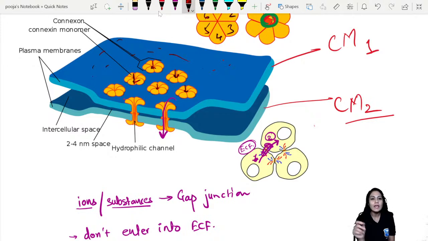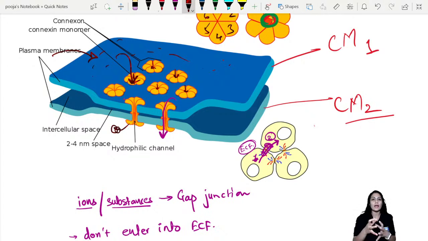Suppose, because of the action potential, the sodium channel opened in this cell. That sodium is not going to go out, but it will find the shortcut and go into the other cell, right? And because of that sodium entry, the cell is also depolarized very quickly, right?